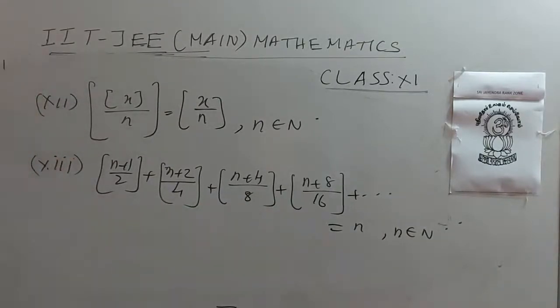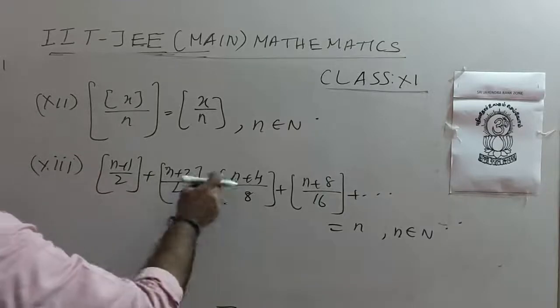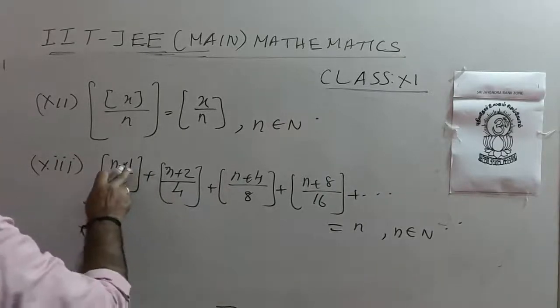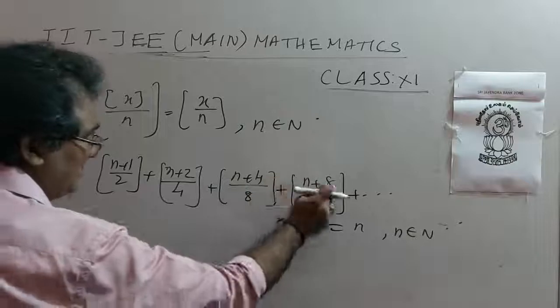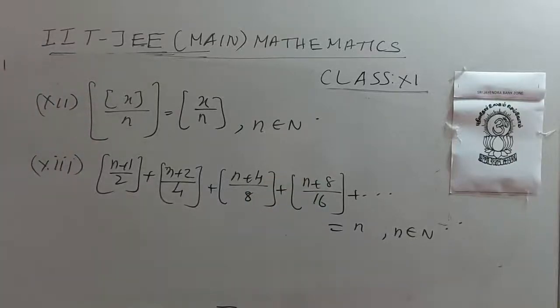The numerators: 1 into 2 is 2, 2 into 2 is 4, 2 into 4 is 8. If the series is like that, the answer will be n, where n is a natural number.